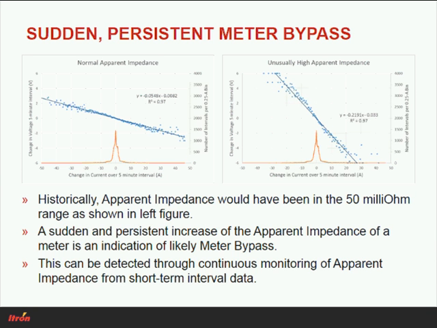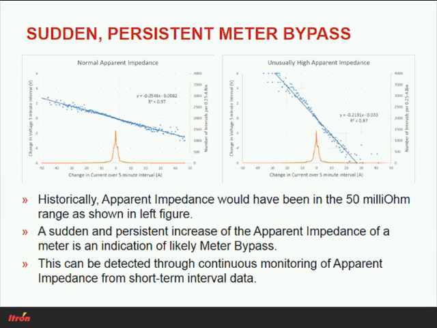So you would be able to tell by the impedance being unusually high, or if you monitor this continuously, which is what we're suggesting. We're suggesting that every meter should have continuously monitored impedance. It's a very simple calculation. And if you're seeing a change, you know something has really changed here.